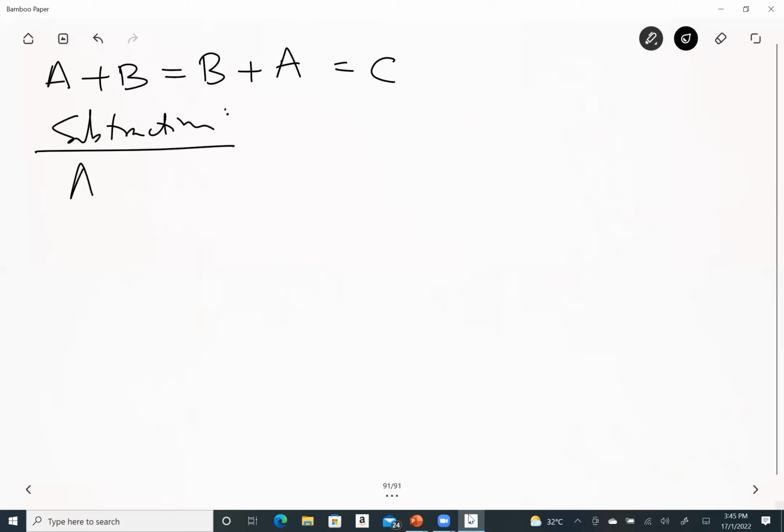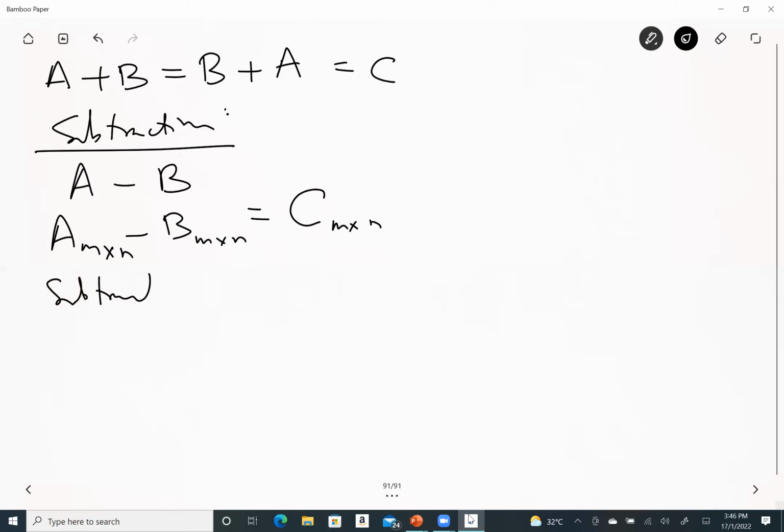You subtract, A minus B. Again here, the rule is the same as addition. Number one, you must have the same size. So m by n minus m by n is equal to m by n. And then you subtract corresponding elements. So the same rule.